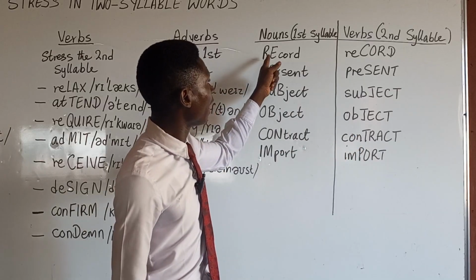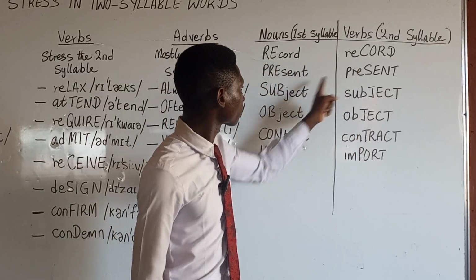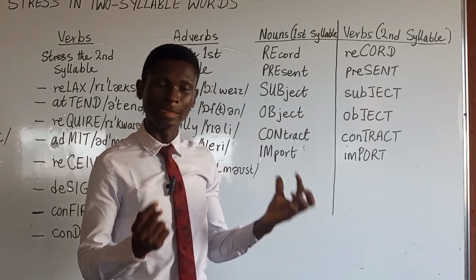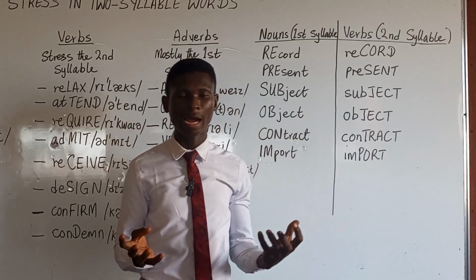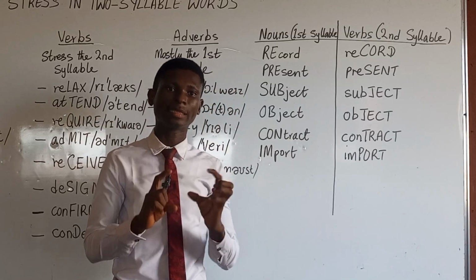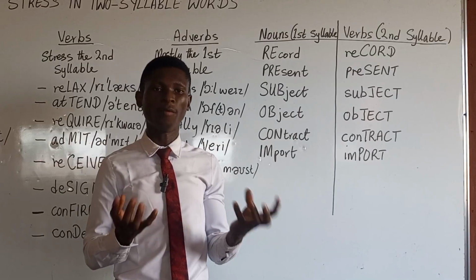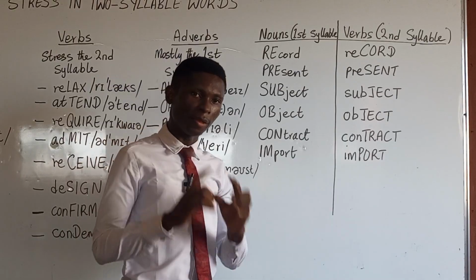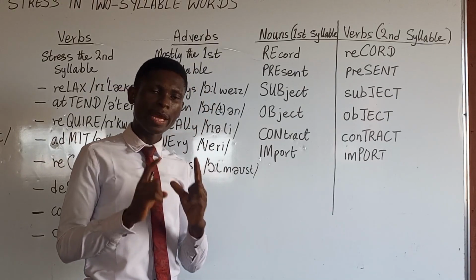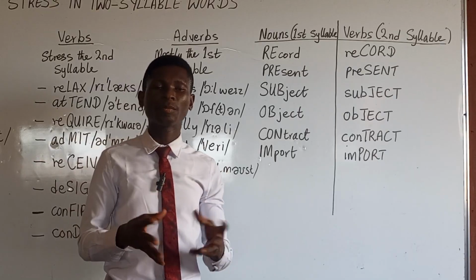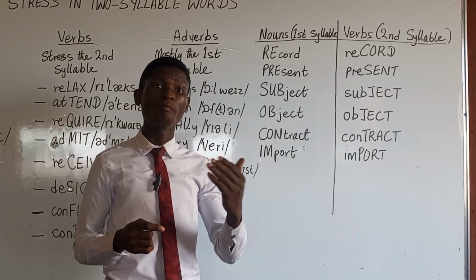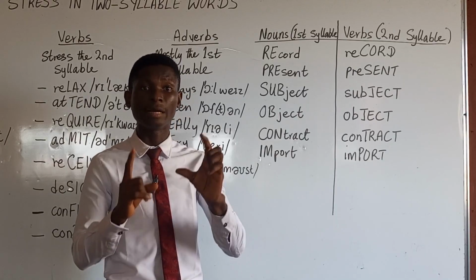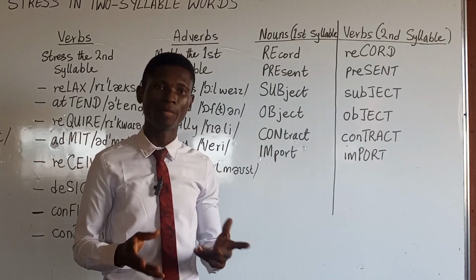So even when they are spelled the same, they have different pronunciation. And the different pronunciation we have here also affects the meaning and function of each of the words. All right, so that is to say that we can also use stress pattern to indicate meaning. It can also show us the word class a particular word belongs to.